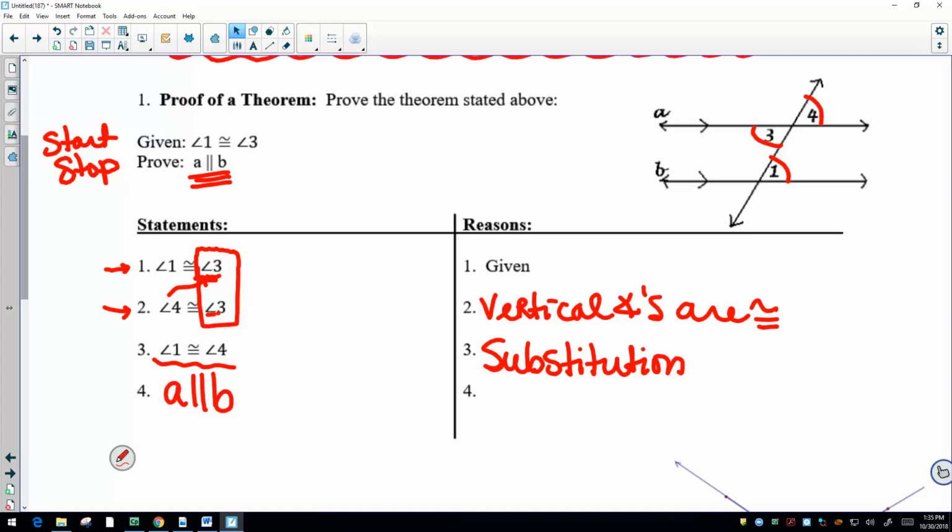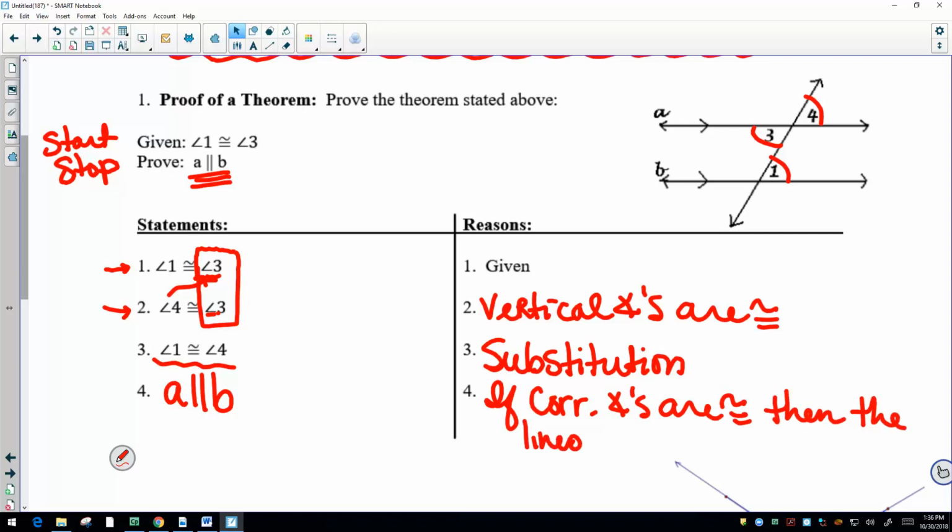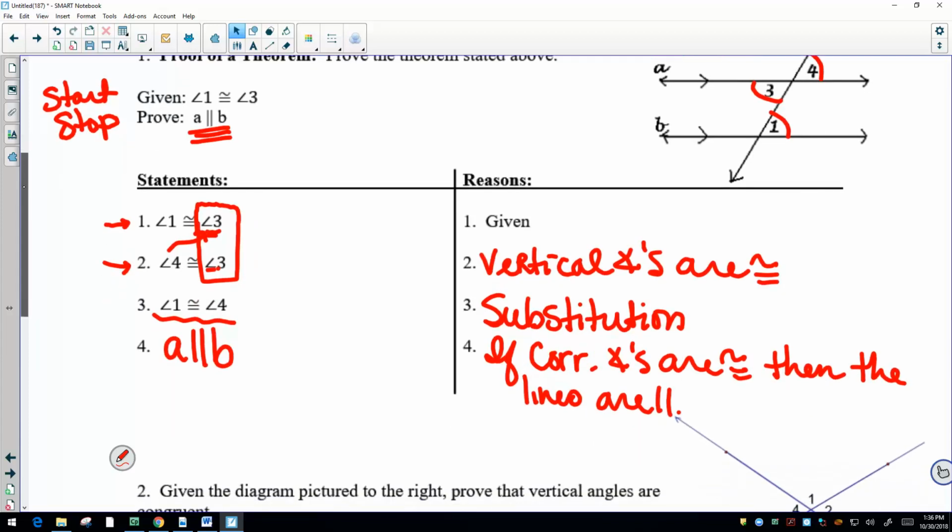So over here we're going to say, if corresponding angles are congruent, then the lines are parallel. So again, notice in the proof, we were proving the fact that if we had alternate interior angles congruent, the lines are parallel. We did that. We did not state anything in our proof about alternate interior angles.